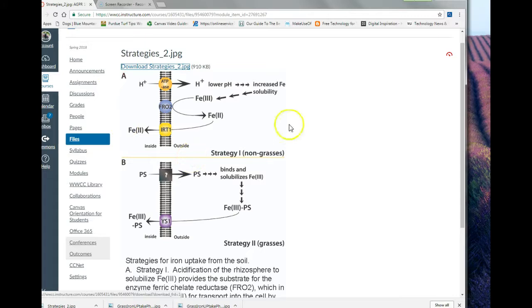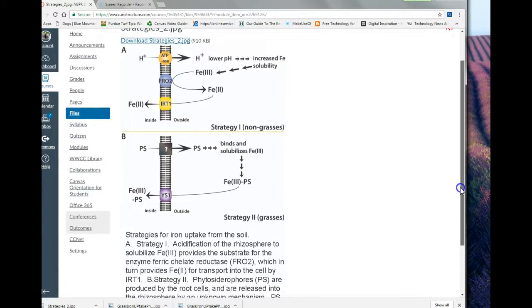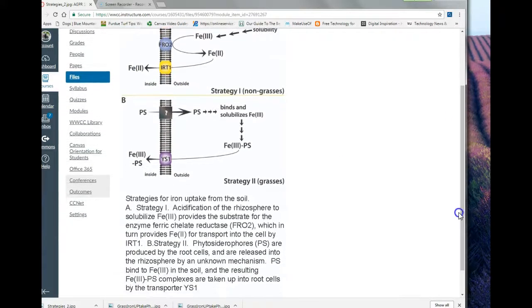So this is what happens in non-grasses. If we look here at the second one, strategy 2, this is what happens in grasses. Basically, your phytosiderophores, or your PS, will bind and solubilize the Fe3+, and these are produced by the root cells and released into the rhizosphere, and they don't really understand the mechanism.